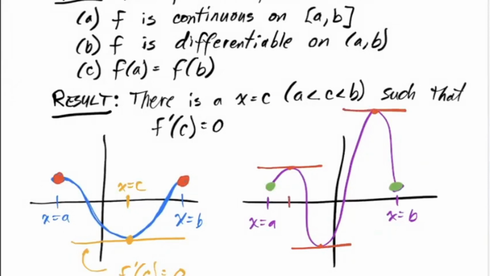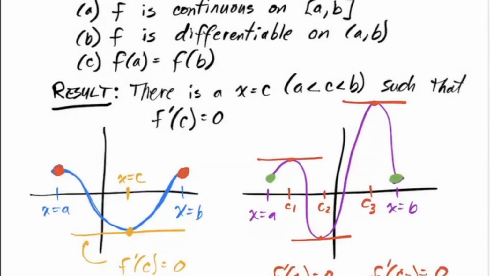And so there's actually going to be several c values. I'll call them c1, c2, c3, that all work. The derivative at c1 equals 0, the derivative at c2 equals 0, and the derivative at c3 equals 0. You get horizontal tangent lines there. So Rolle's theorem says there is at least one. There could be more than one, as we see in the second example here. There were three, but there's at least one that works.